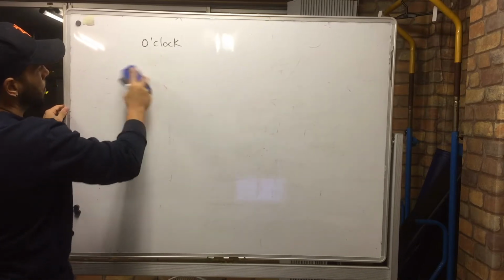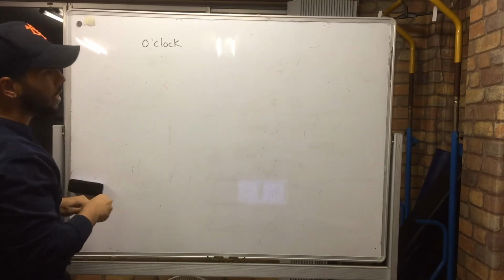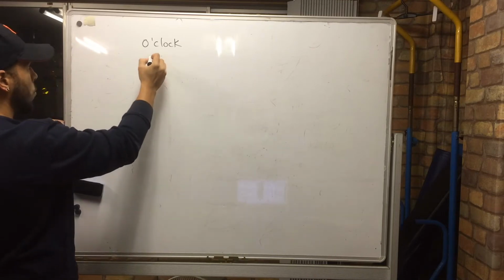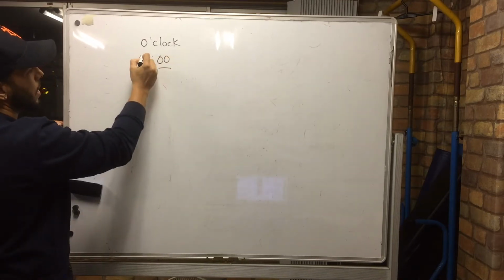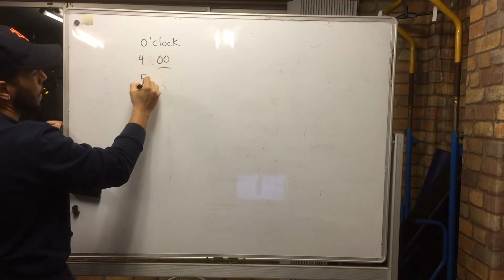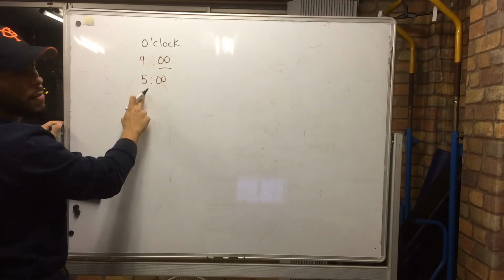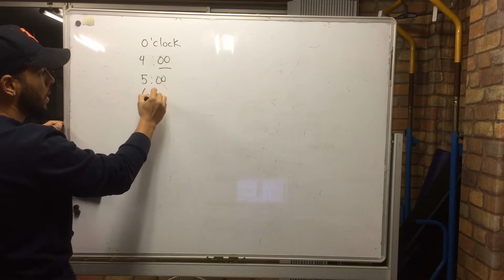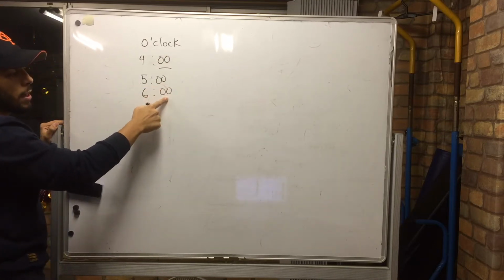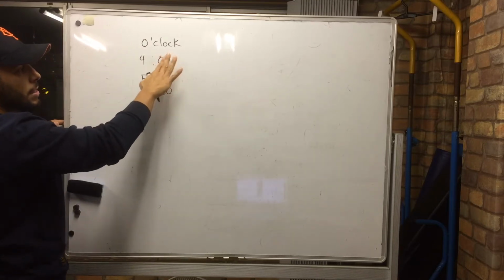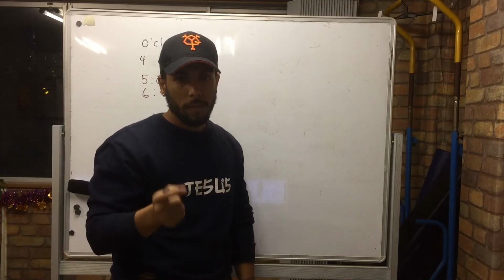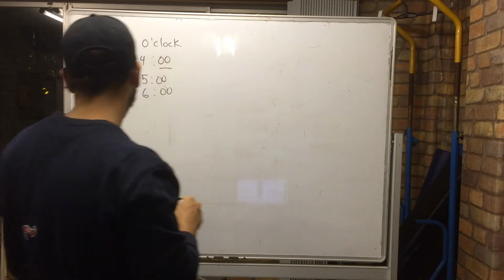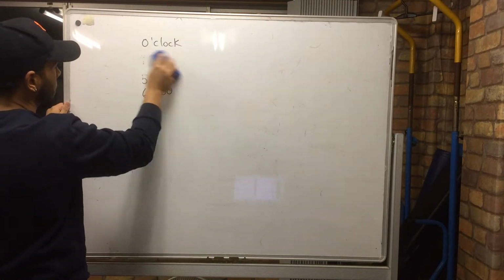The only time that you use o'clock is when the minutes is 00. So in this case it's 4 o'clock, 5 o'clock, 6 o'clock. Okay? Anything that's not 00 is not o'clock. Alright, next thing.